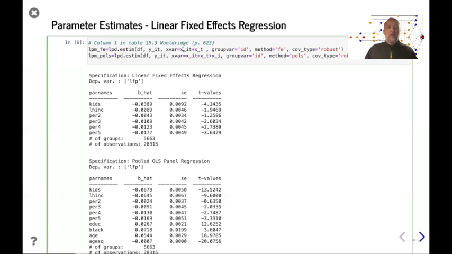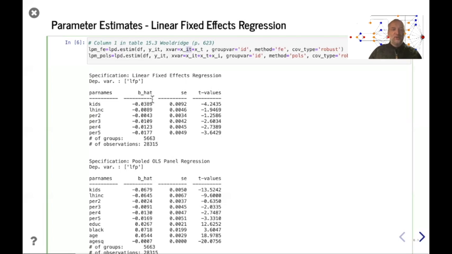The dependent variable is Y_it, which is labor force participation. For the fixed effects, I'm including only the variables that have time series variation, whereas for the pooled OLS, I also include the time constant variables. You'll see the results down here. The first one is for the fixed effects.